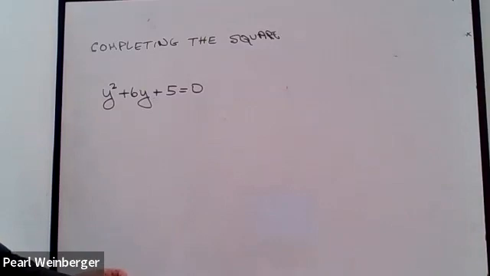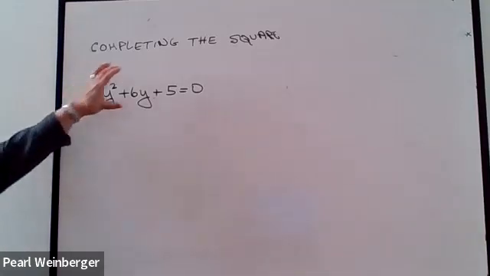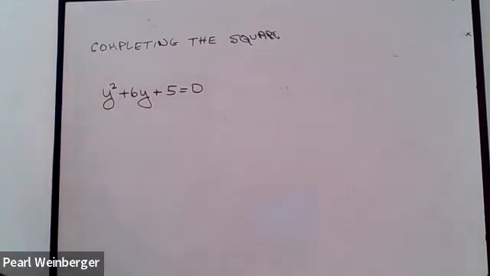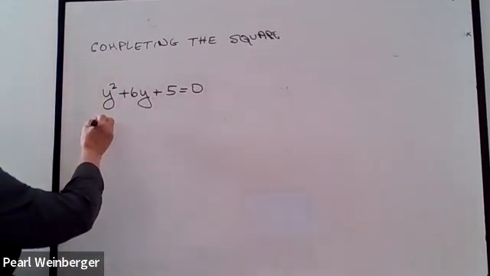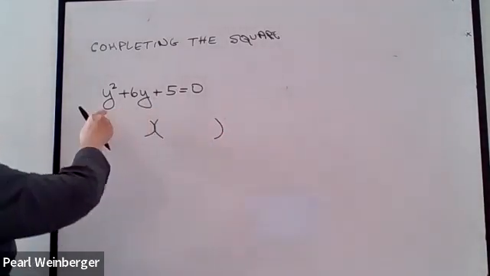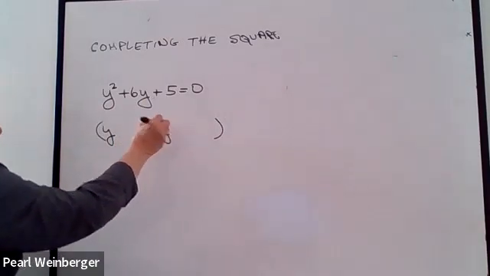Now, the first thing I'm going to do is solve it with our old method, which is to try and factor what we have here. And I think we can factor it. Regular factoring: the y squared is going to be y and y.